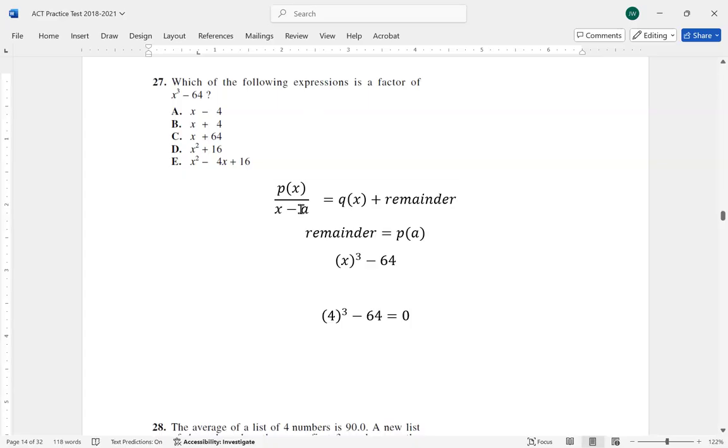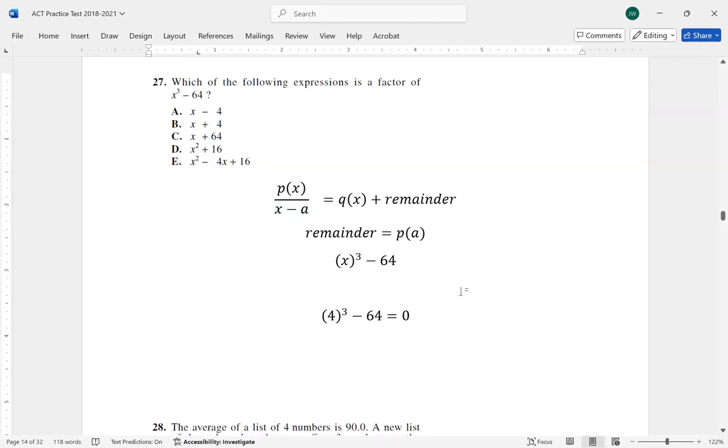And therefore, I know that x minus 4 is going to divide the polynomial nicely without a remainder. So when I use a 4, my remainder is 0, and then I'm done.